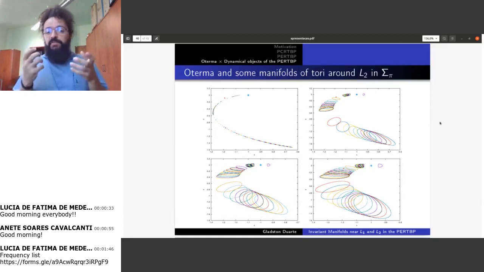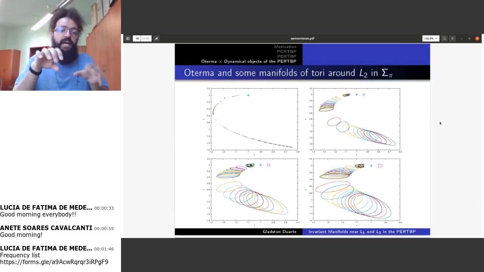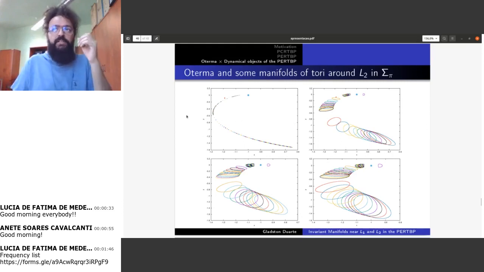Okay, the first thing we can do is see how all these manifolds interact with Oterma in this time section. So here we have our tori and their manifolds. Here, some manifolds, some manifolds, some manifolds, and some manifolds. These four are four different tori.